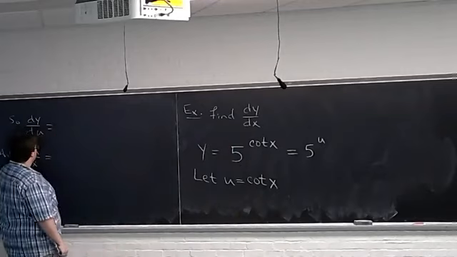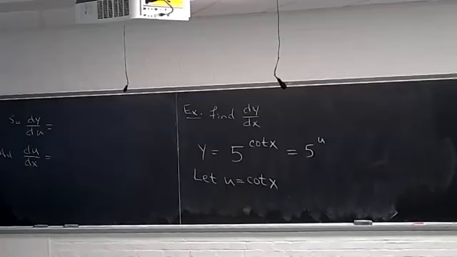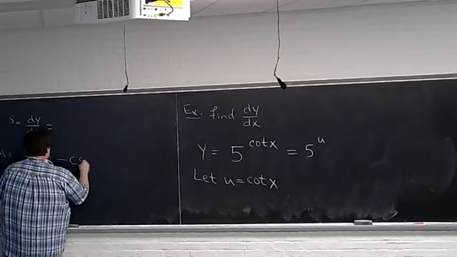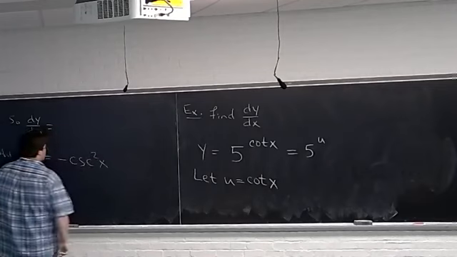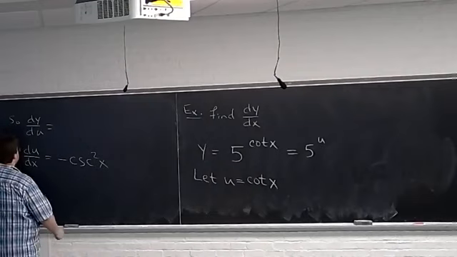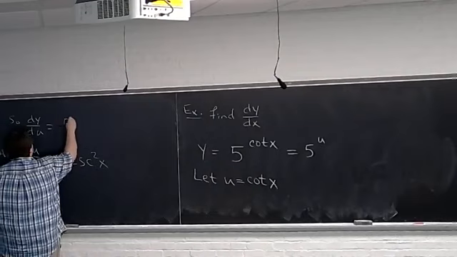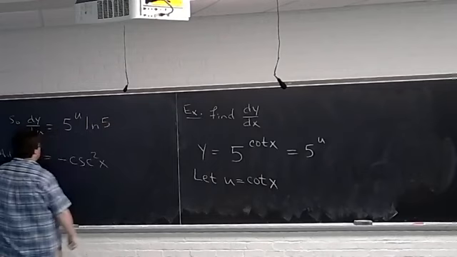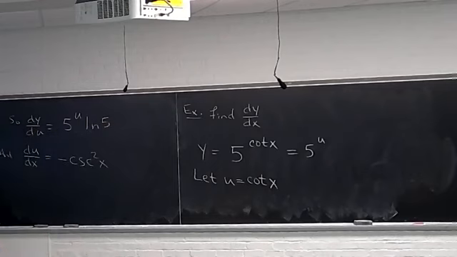We have dy du, we can find dy du, we can find du dx. du dx, derivative of cotangent is negative cosecant squared of x. dy du, we have 5 to the u. Use the general exponential rule. The derivative is itself times the natural log of the number, the natural log of 5.